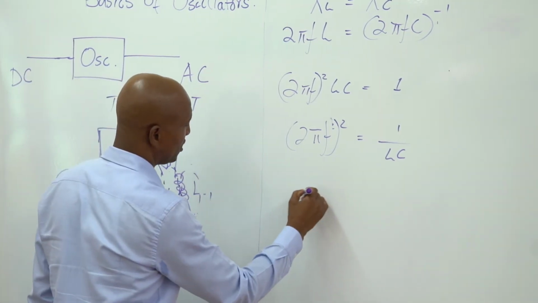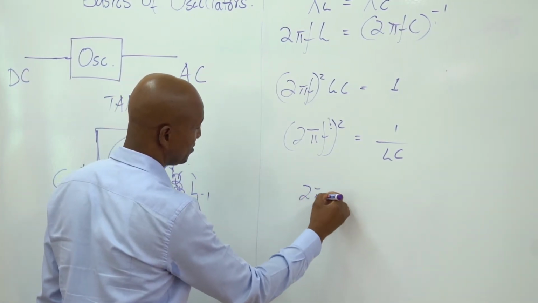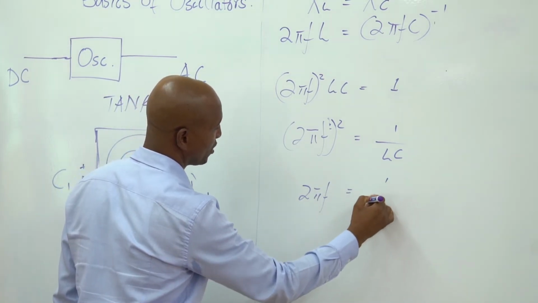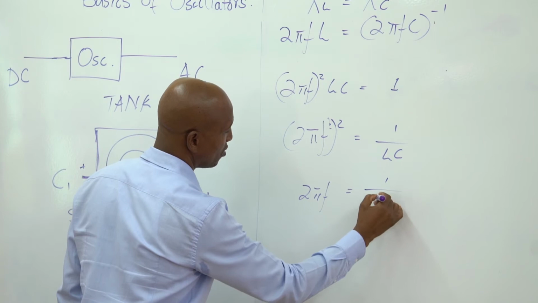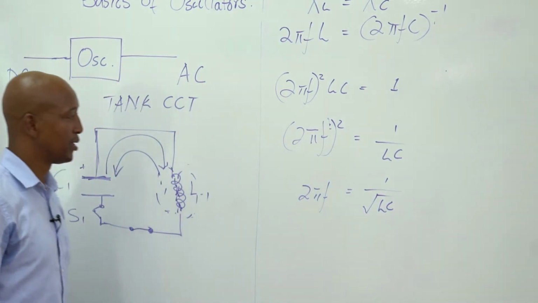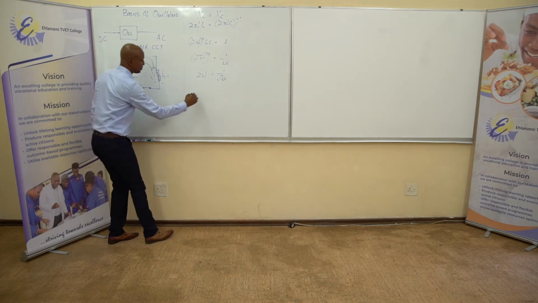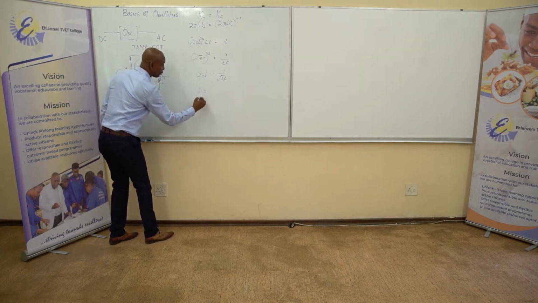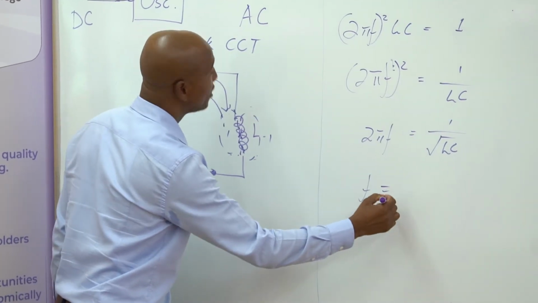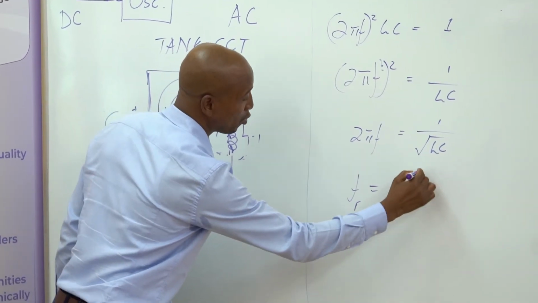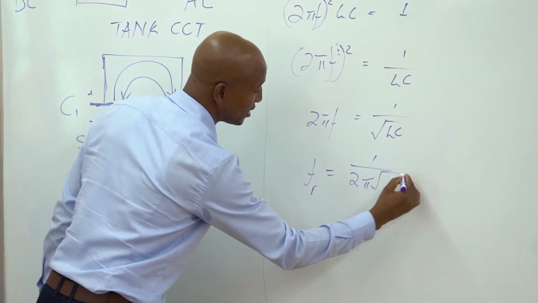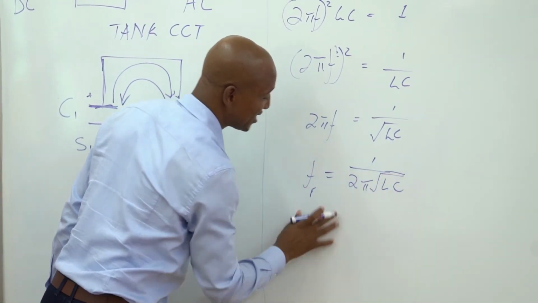Therefore, 2 pi f shall be equal to the square root of 1 over LC. Then, making f the subject of the formula, which will give us our frequency of oscillation, it shall be equal to 1 over 2 pi square root of LC.